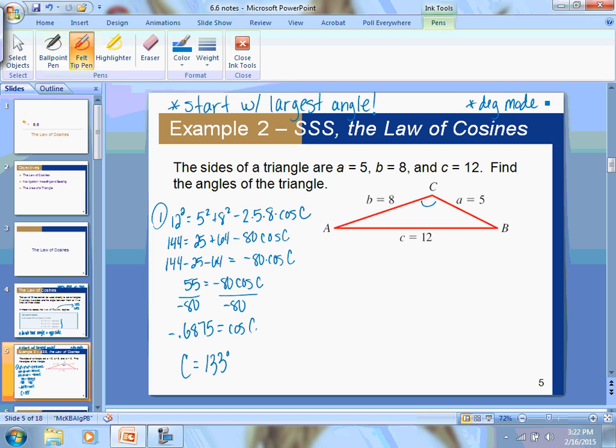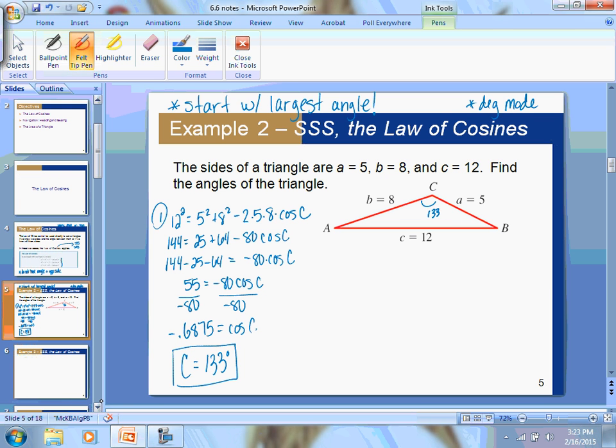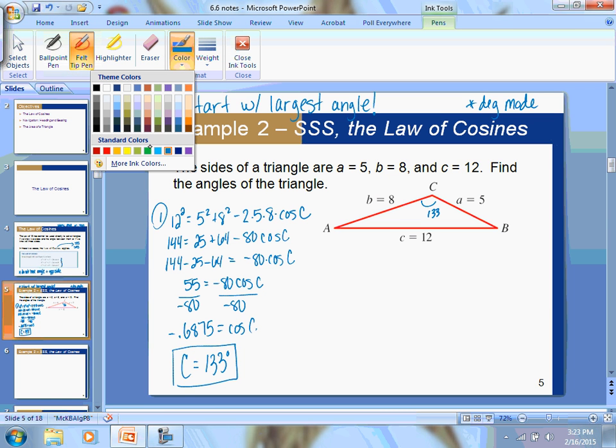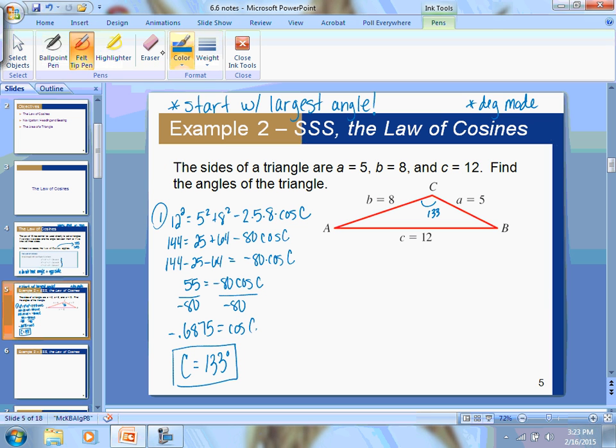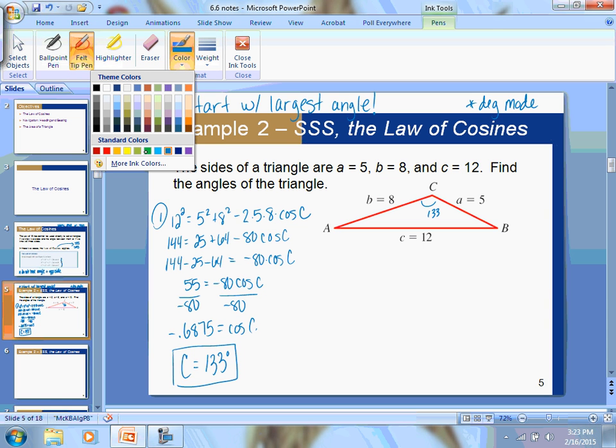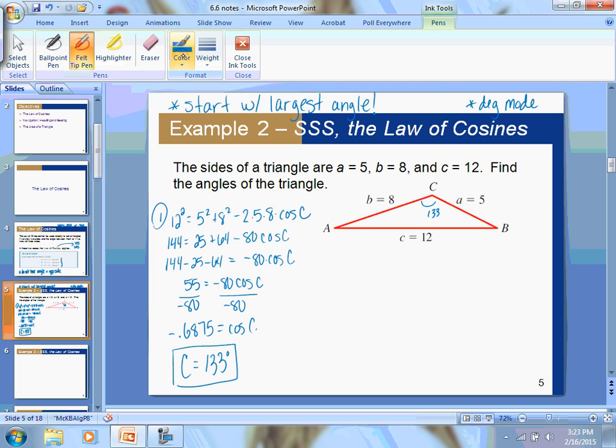Okay? So we have angle C. And now I have an angle and a side that's across from it. So now to finish this problem, I can do the law of sines. Let me label it here, step 2.